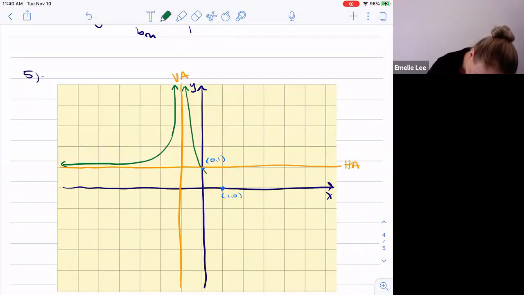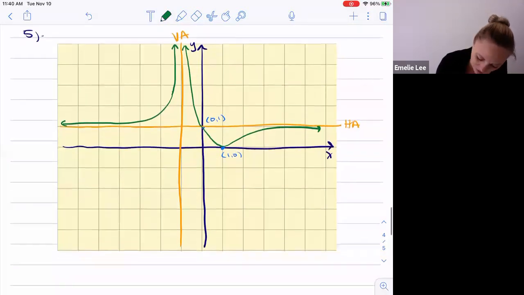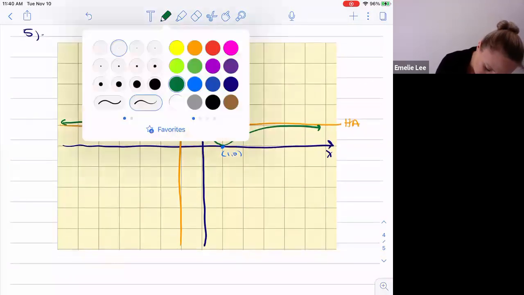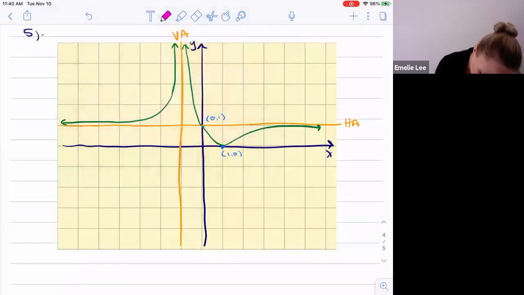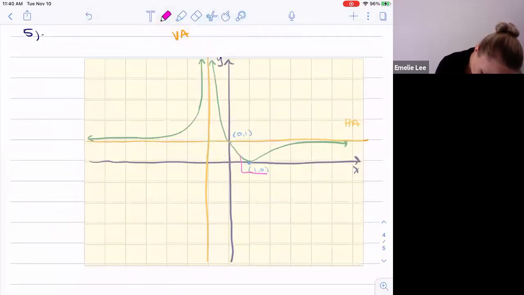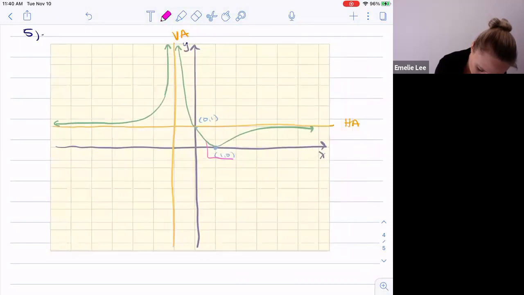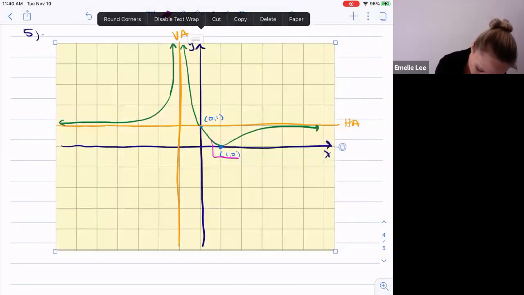So our best guess at this graph might look something like this, right? And here, oopsies, there.